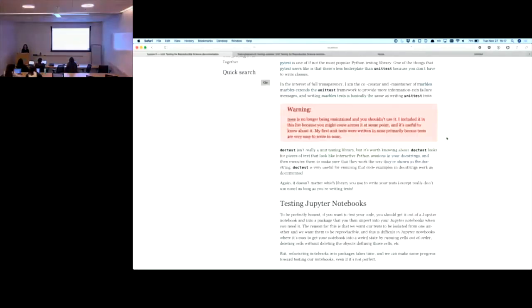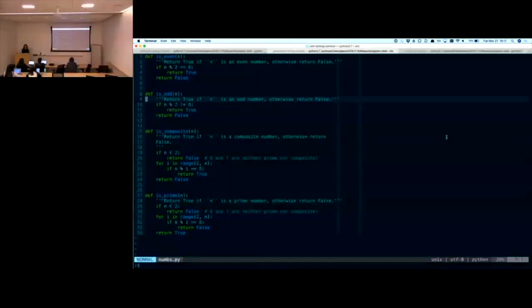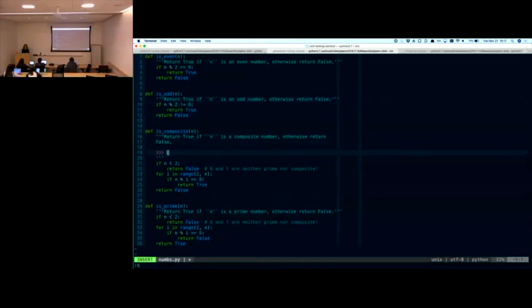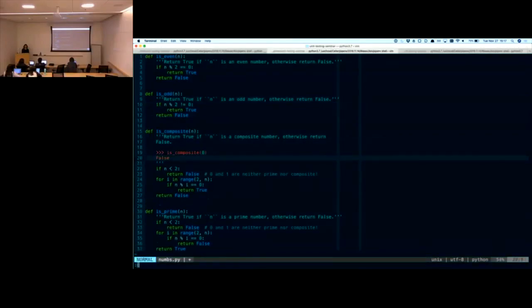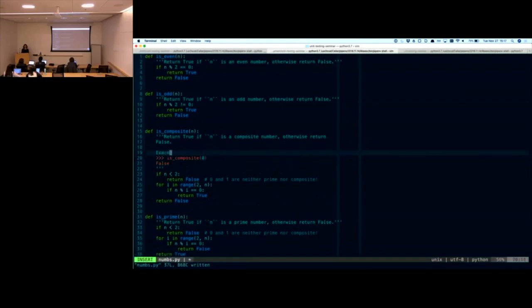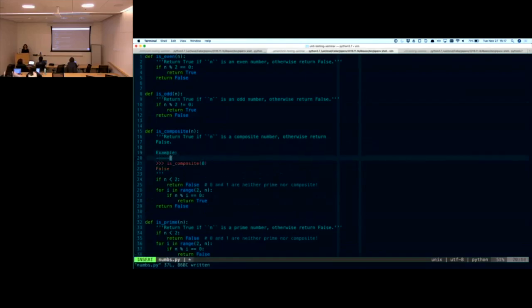And so what doctest will do, so I can write a whole bunch of things in here. So I could say, like, I could add this to my doc string and say, like, look, here's an example, here's some example usage.